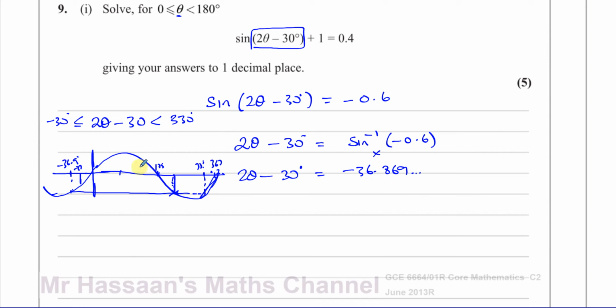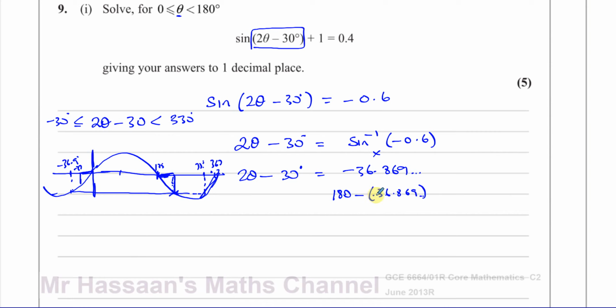From the symmetry of the sine curve, this angle is the same distance from 180 as this is from 0 on the other side. So for the sine curve, you always do 180 minus the principal angle to get the other main angle, using the symmetry of the curve.